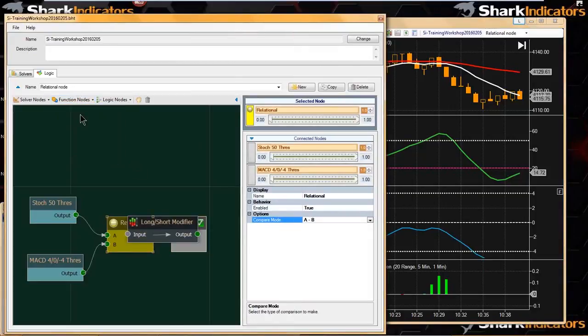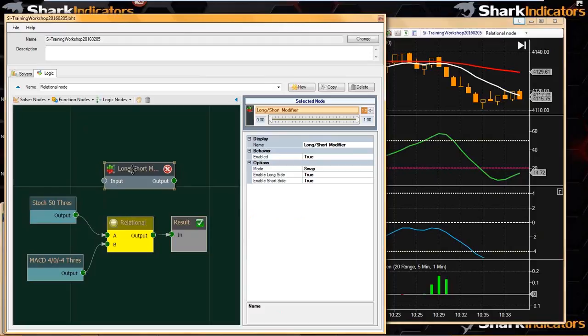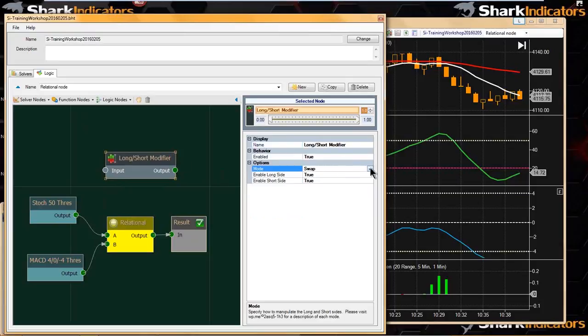However, there's always an exception. Seems like there's always an exception to every rule. If I grab a long short modifier here, we can see that there actually is an addition function. However, this addition function might be working differently than what you're expecting.